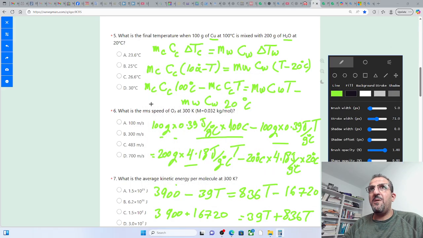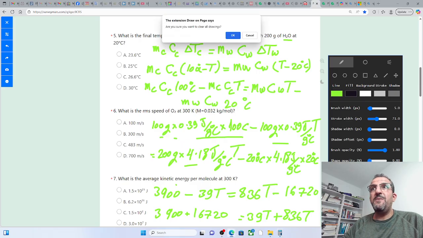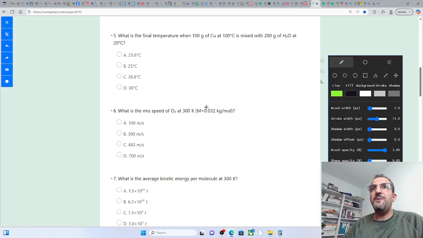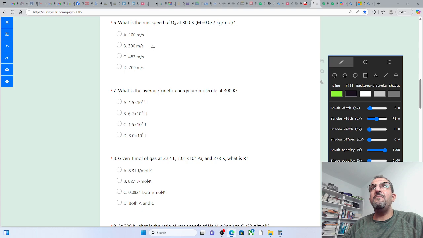Okay, maybe problem number 5 needs some work, but if you follow this solution, you will do pretty good with problems like this. So what I'm going to do is erase the whole thing and move to problem number 6.